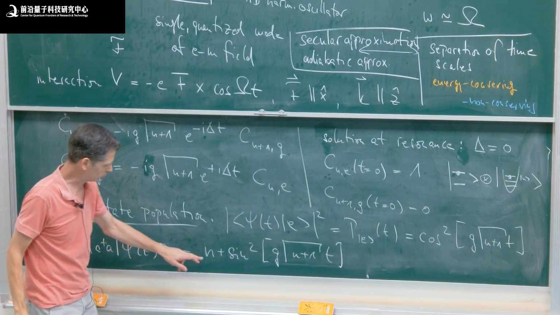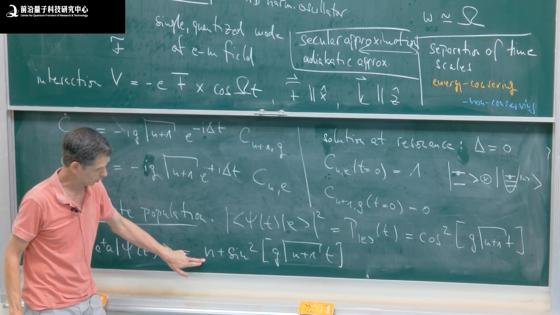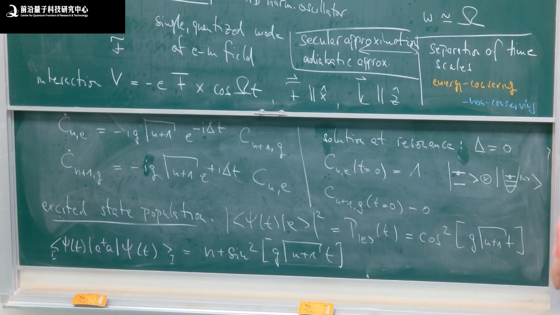So it oscillates between n and n plus 1. And then another quantity which is still of interest is the variance of your photon number, which you find to be 1/4 times sine squared of 2g times square root of n plus 1 times t.